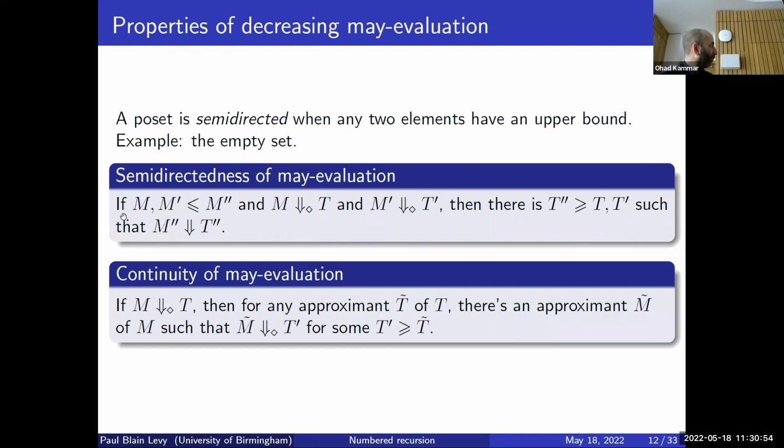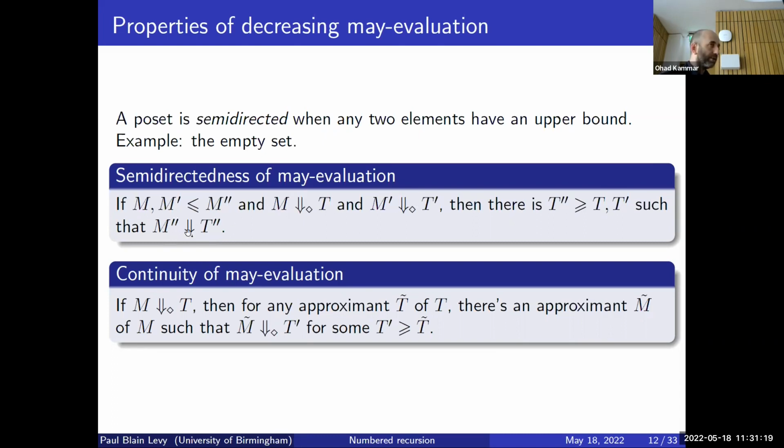The first thing we could prove is that may evaluation is semi-directed, meaning that if I have two terms with an upper bound, and M may evaluate to T and M prime may evaluate to T prime, then M double prime may evaluate to some upper bound of these two.